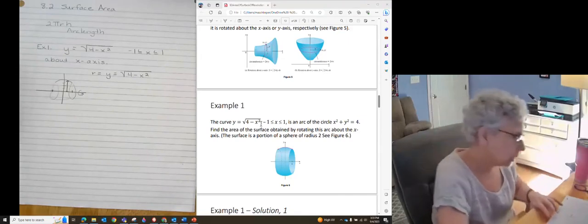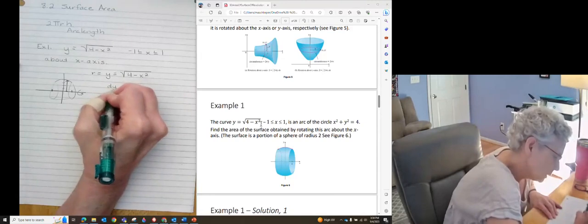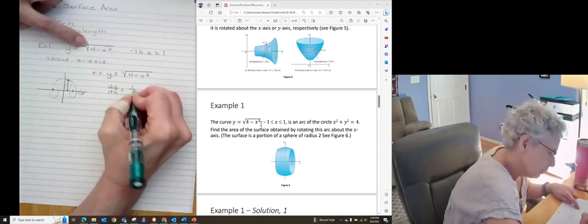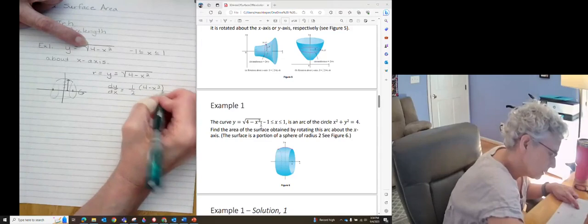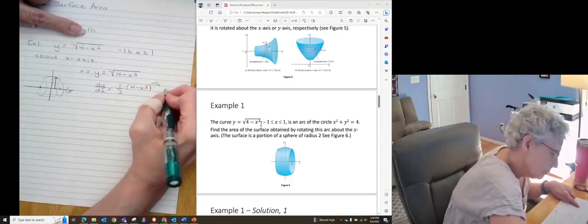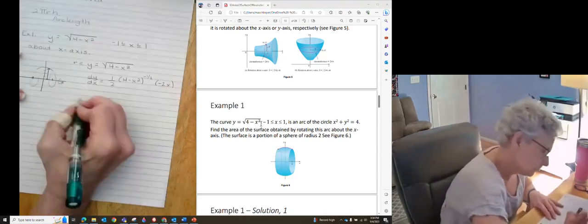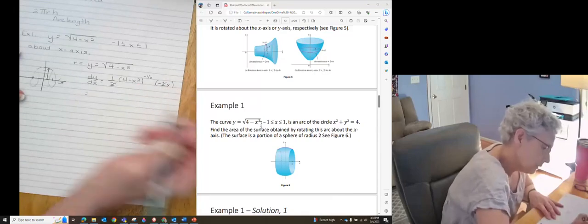Now I'm going to do the arc length part. So dy/dx is equal to 1/2 times (4 minus x squared) to the negative 1/2. Subtract 1 from the exponent. Multiply by the derivative of the inside function. So that cancels with that.